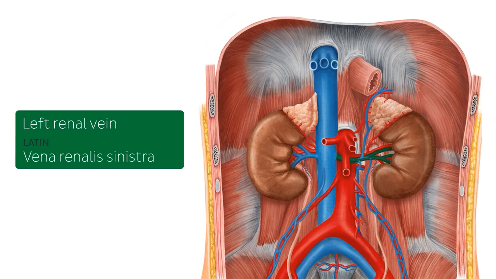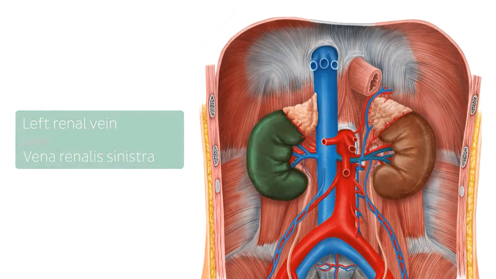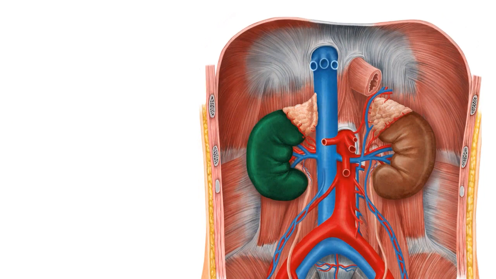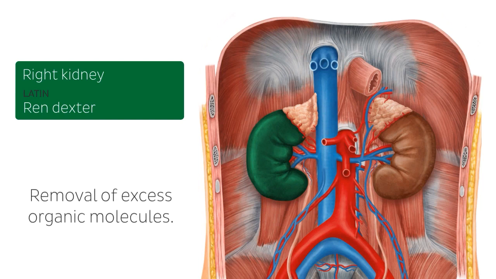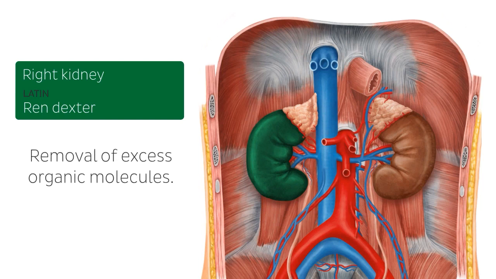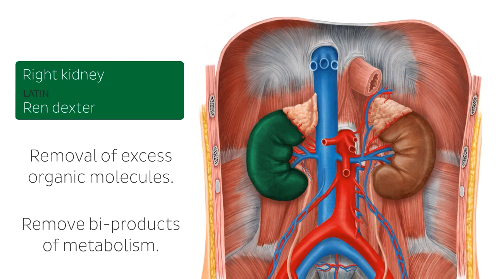And since we're exploring the different structures that exist nearby the ureters, we have to talk about this one. This is the right kidney, to be more specific, but there are two kidneys. But just to give a few words on the right kidney, you know that the kidneys play a very important role in the urinary system. They are bean-shaped organs, very recognizable, and they are responsible for the removal of excess organic molecules from the blood and also remove byproducts of metabolism.